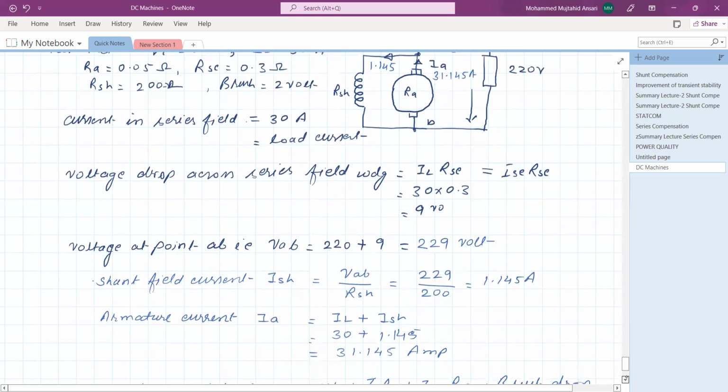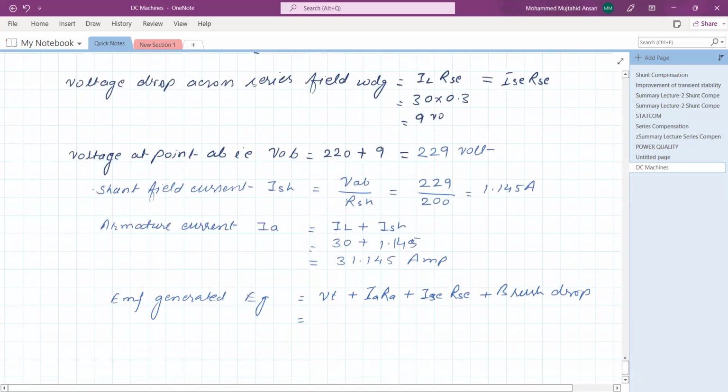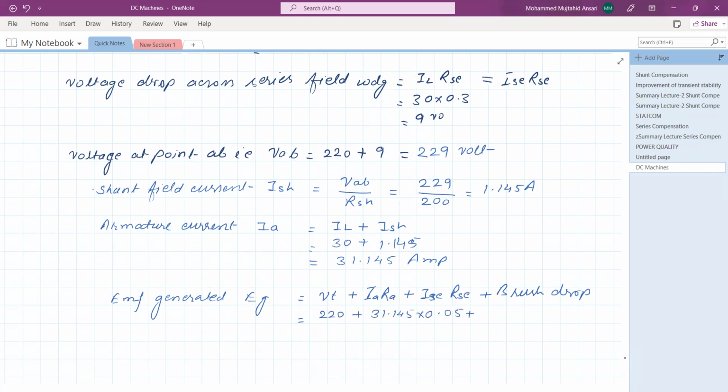So here we write them separately: terminal voltage is 220 plus 31.145 into the armature resistance 0.05, plus 30 into 0.3, plus 2 volt.